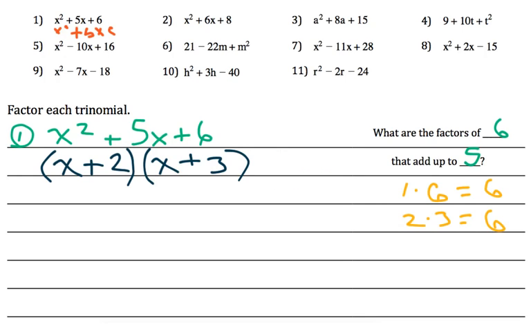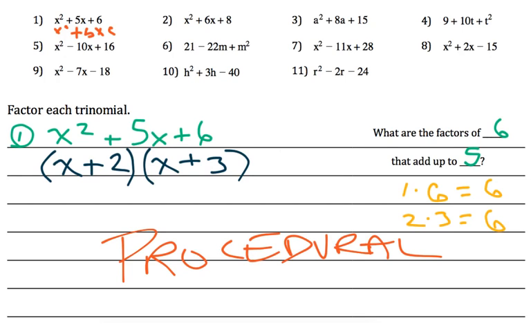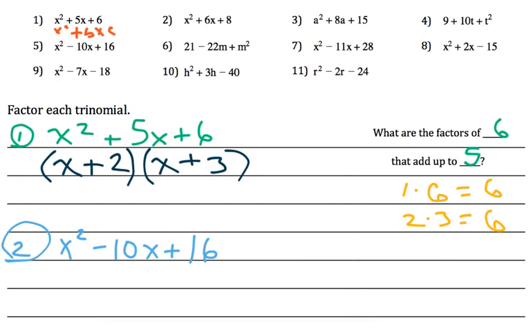Speaking of FOIL, I'm not going to have you write these out, but the first would give me my x squared term. The outer and inner would give me 3x and 2x. There's my 5x. And then the last would give me 2 times 3, which is 6. So factoring is very much a procedural way. It's kind of like you just learn the steps.